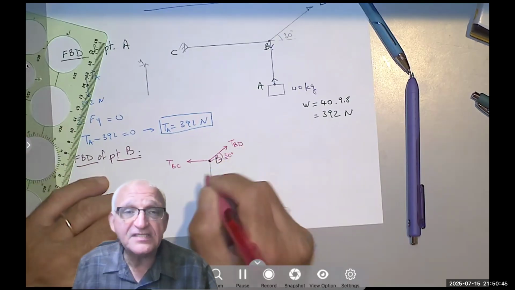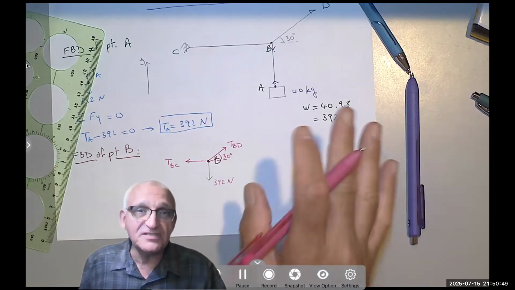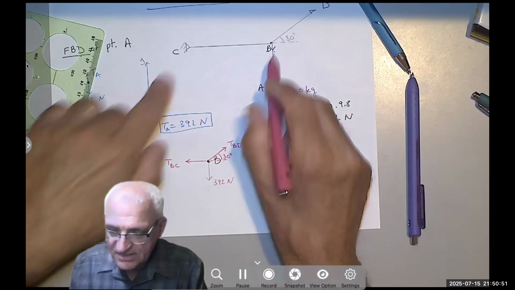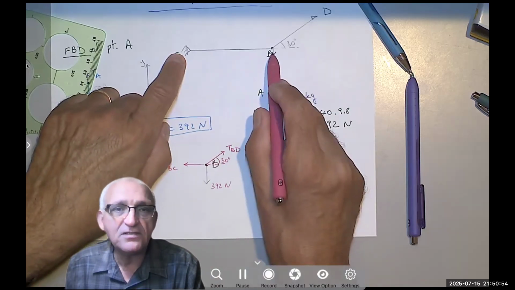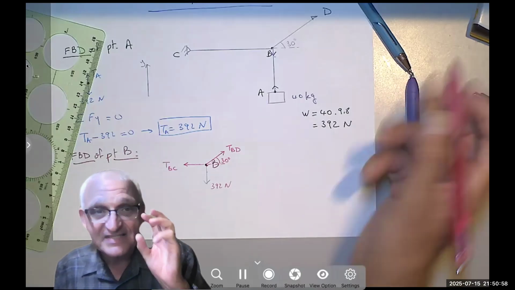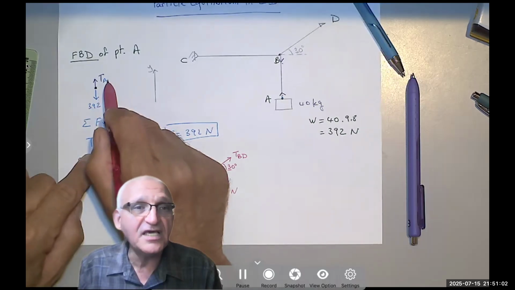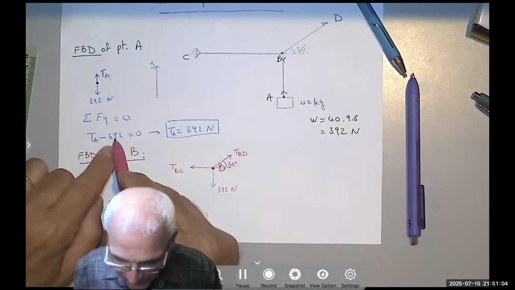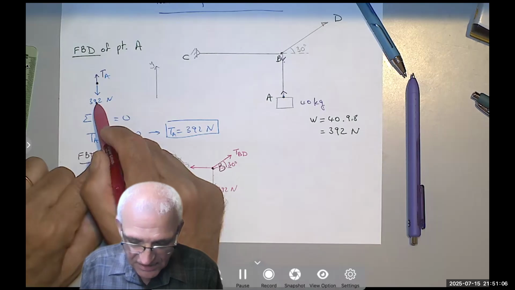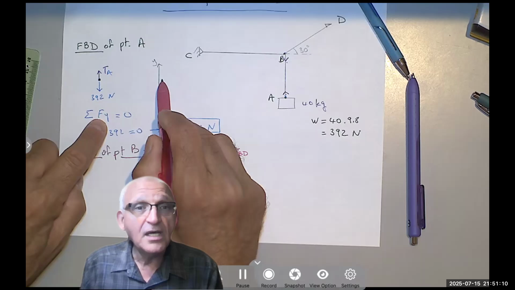Notice your free body diagram has to show all the forces and all the dimensions that are needed. If I tell you this is like 3 meters long, I don't need to show it because I'm not going to use it. But if you write something, so here I wrote TA, I have to have TA on my free body diagram. I wrote 392, there must be 392. I said sum of the forces in the y, I must show what is my y.